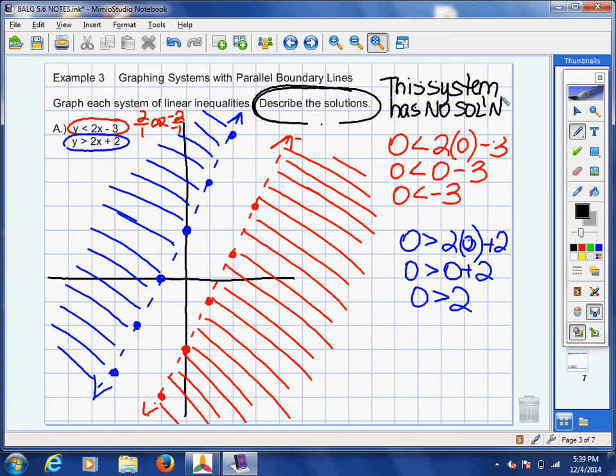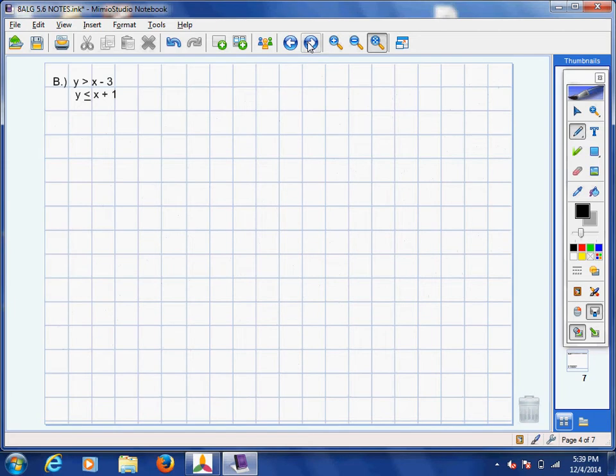And the reason is because we have no overlapping of any line or any of the shading. So there's no solution. There's not a point on there that will work in both of those equations. And hopefully you can see that from the graph. Okay? Well, let's move to our next page.